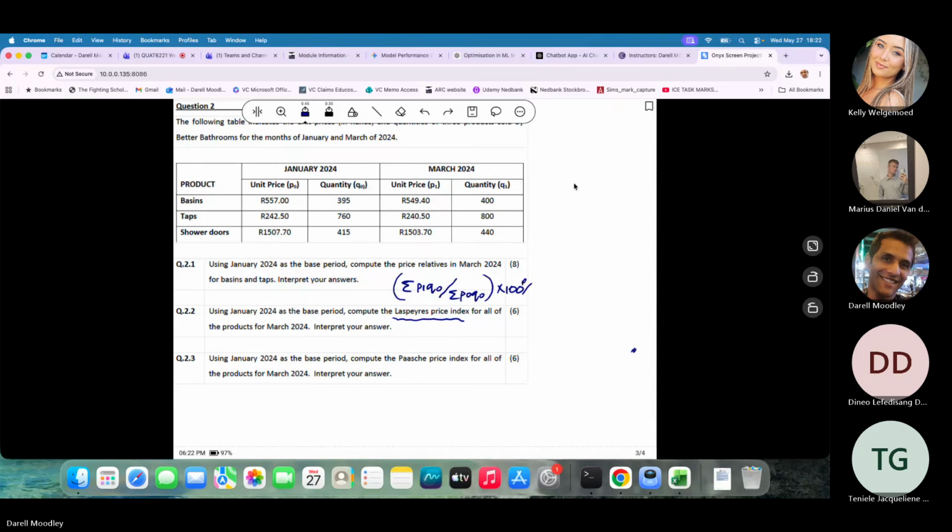That's the formula, and all we need to do is find those values in that formula and substitute them in. The numerator is a product of P1 and Q0. The denominator is a product of P0 and Q0. I'd advise you to create these columns in advance, so you're going to have 4 columns basically. You're going to have a column P0, Q0. So I'm going to put this on the right. Second.